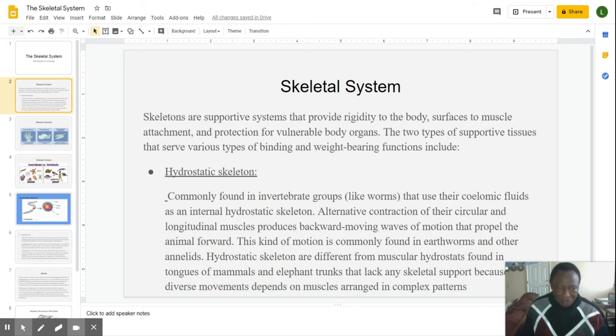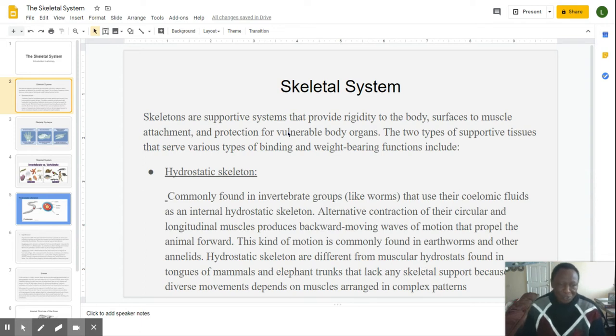So skeletal systems are defined as supportive systems that provide rigidity to the body surface, surface for muscle attachment, and protection for vulnerable body organs. Three types of binding and weight-bearing functions will be included.